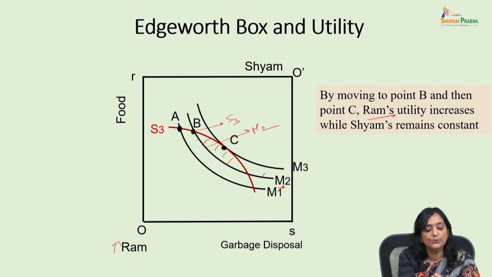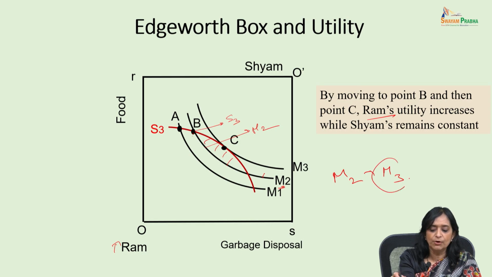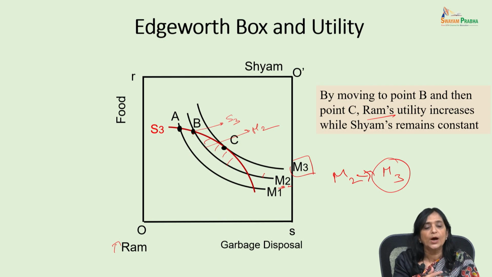And yes, we can do that because if we are moving from point B to point C, Ram is going up from M2 to M3. And we know M3 is the higher indifference curve compared to M2. So, being on a higher indifference curve means that you are having a greater level of satisfaction.